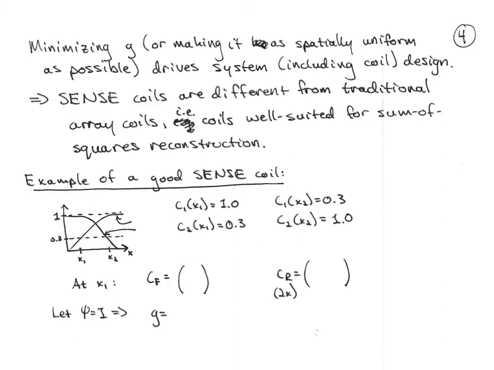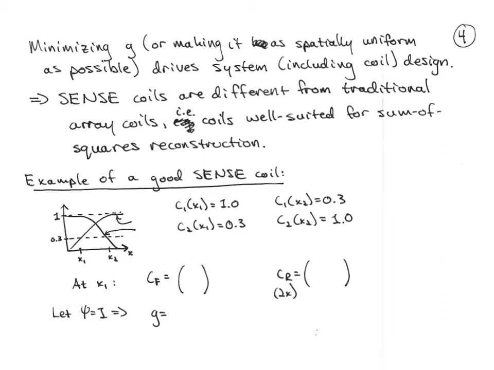SENSE coils are really different from traditional array coils, that is, coils well suited for getting really high SNR sum of squares reconstruction. For those, we'd like to have many observations of the same tissue from multiple views, multiple coils. Whereas for SENSE coils, what we principally care about is that each spatial location has a single coil dominating.